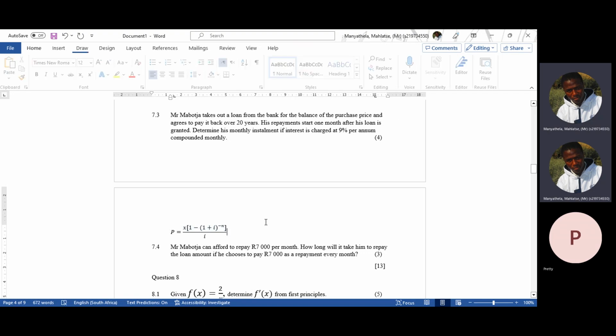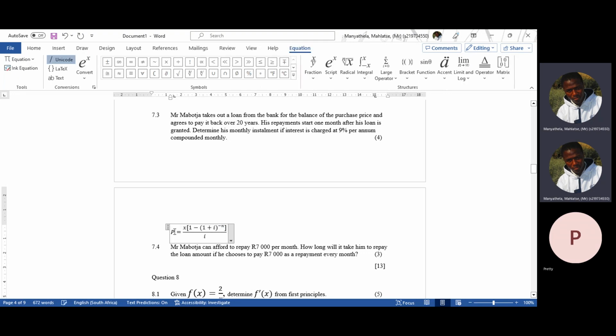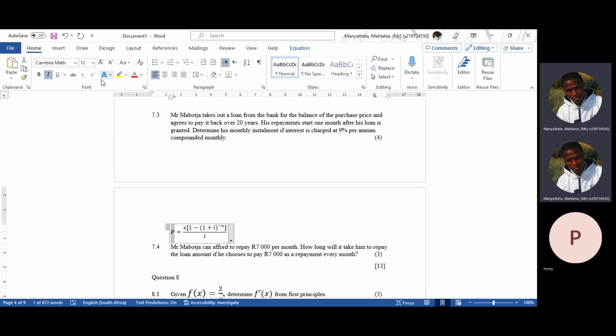So this is the formula that we use when we are dealing with a loan, using the present value method.